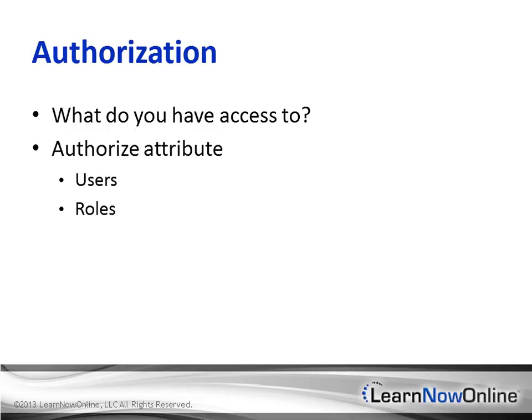So this is pretty important because if you've just used authorize in an authentication sense, then you've used it to differentiate between, say, logged in users and users that are not logged in. But by using a list of users or a list of roles, we're taking it one step further. We already assume you're logged in or you wouldn't even be here, and now we're finding out, even though you're logged in, do you have access to this particular action or this particular controller?